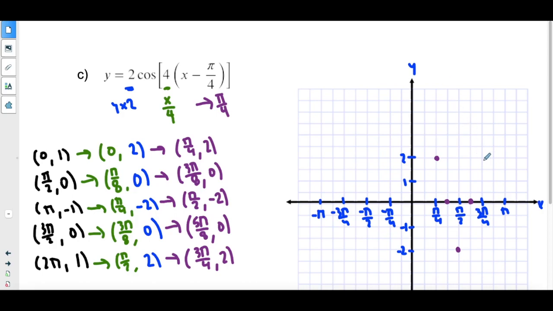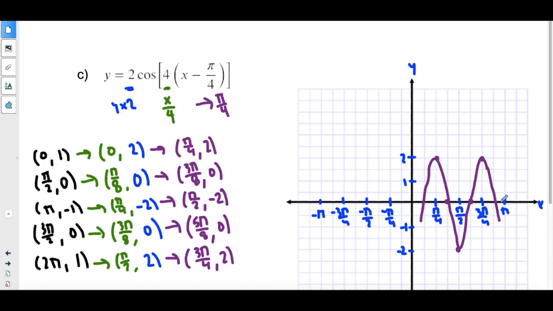And we have our last point here, 3 pi over 4 and 2. And there we go. Of course, you can extend the graph further.